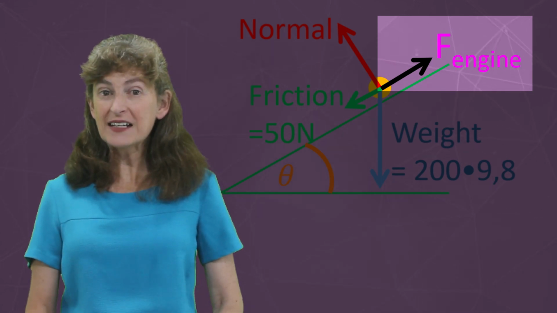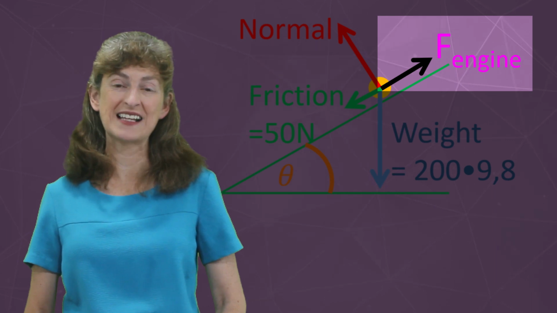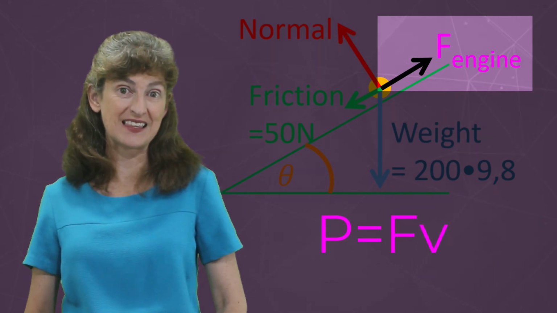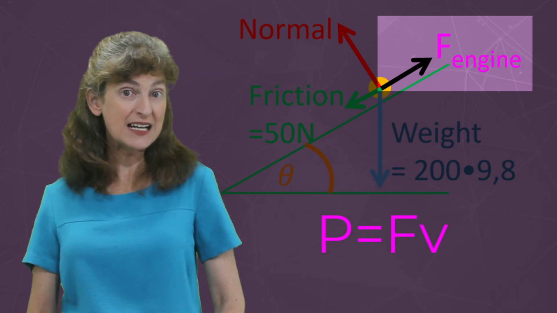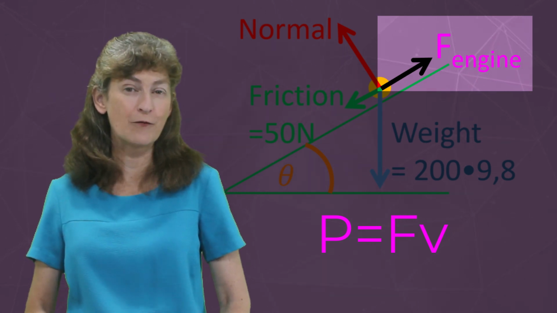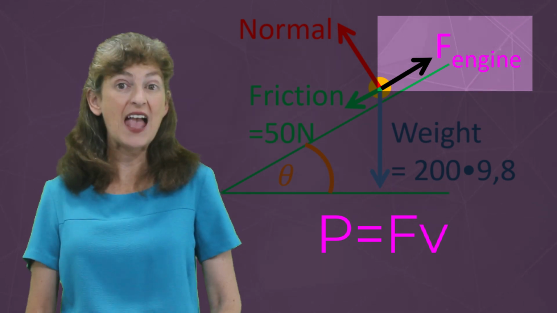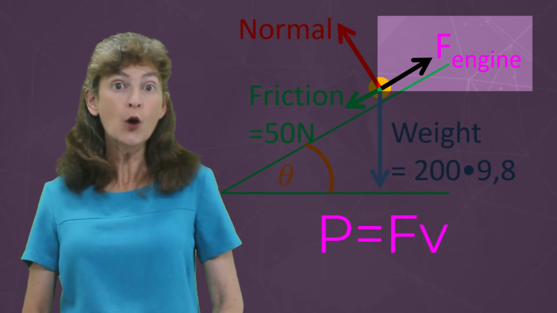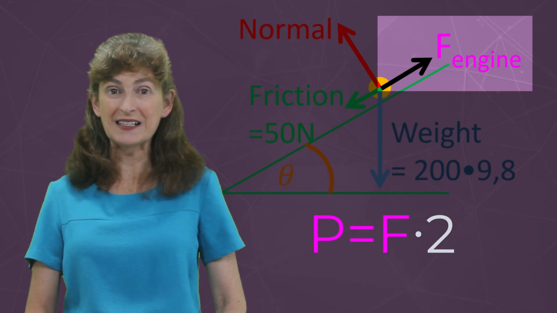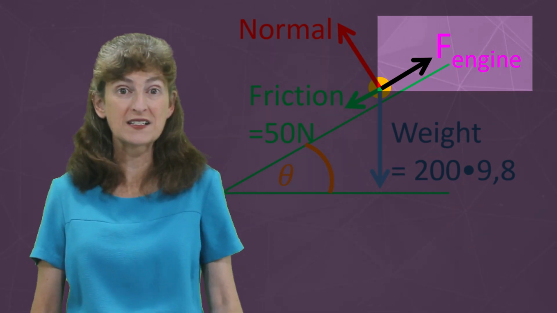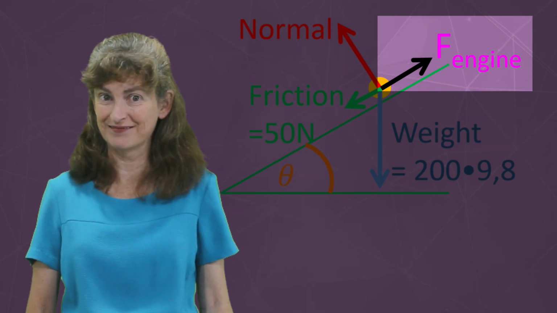If we could find out what its magnitude was, then we'd be able to answer our question by using this equation. Power delivered by the engine equals the force exerted by the engine multiplied by the average velocity undergone, which we know is 2 meters per second. So how are we going to find the force exerted by the engine?